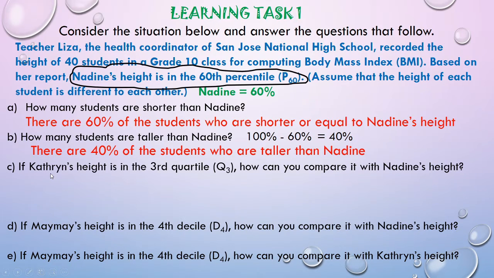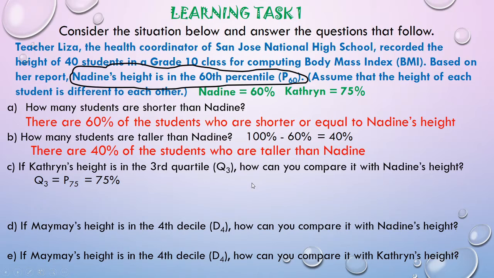Next, if Katrine's height is in the 3rd quartile, how would you compare it with Nadine's height? Ang equivalent ng 3rd quartile, Q sub 3 is equal to P sub 75 or 75%. So, Katrine's height is 75%.